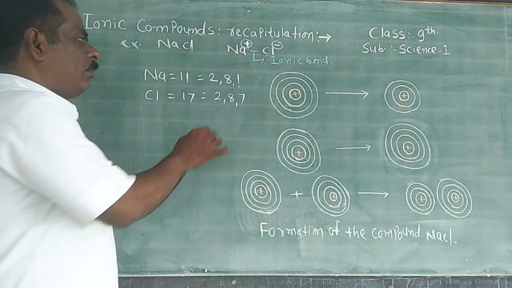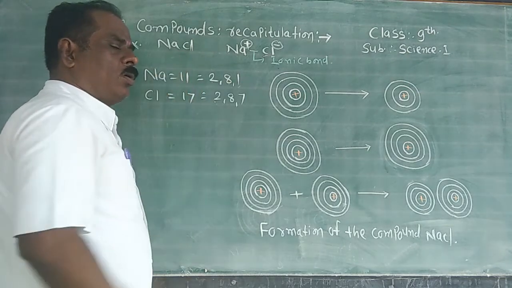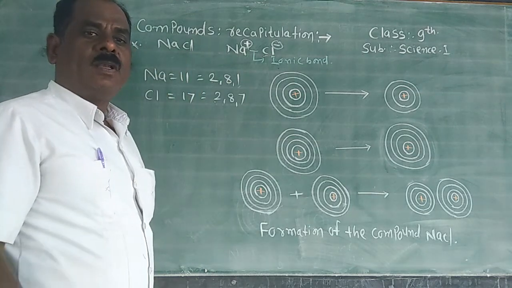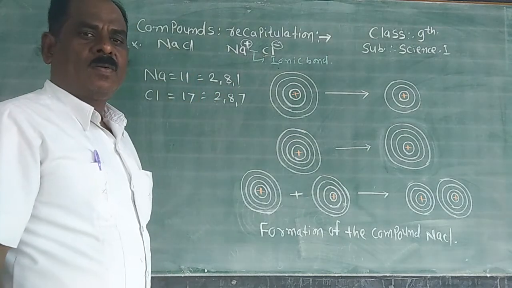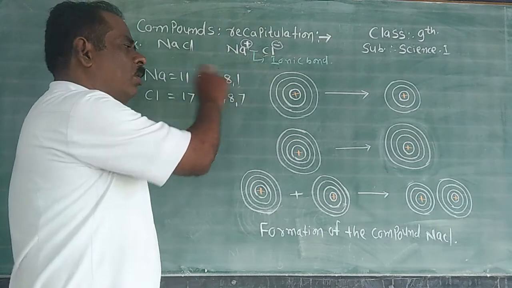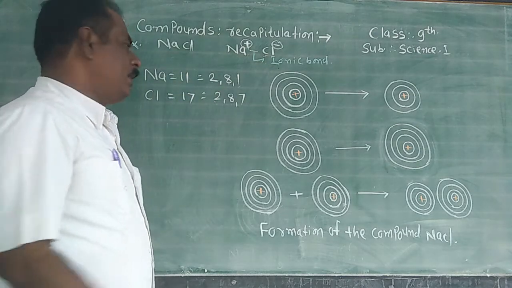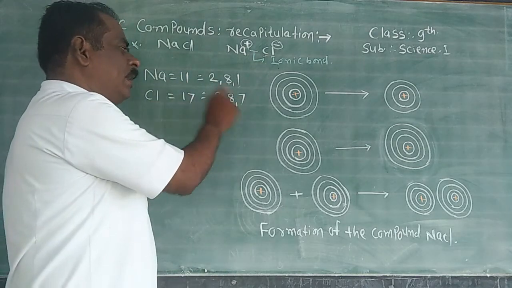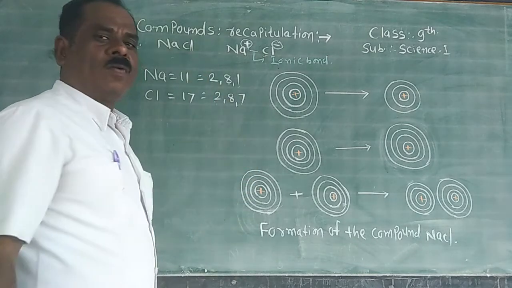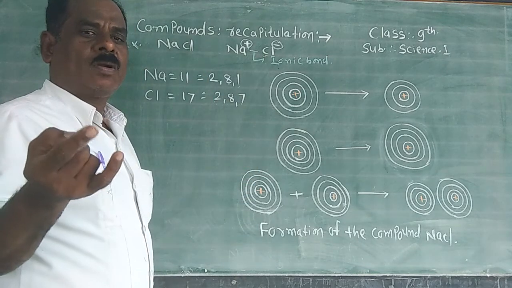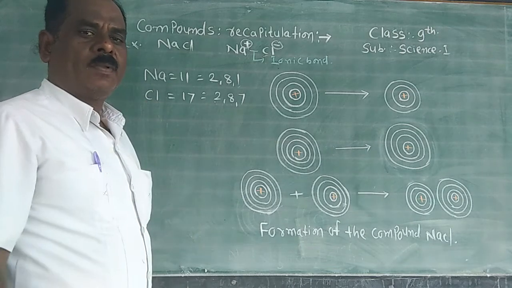In this sodium atom, the last shell contains 1 electron. It requires 7 more electrons to complete the octet. In case of chlorine, the last shell contains 7 electrons, so it requires only 1 electron to complete the octet.